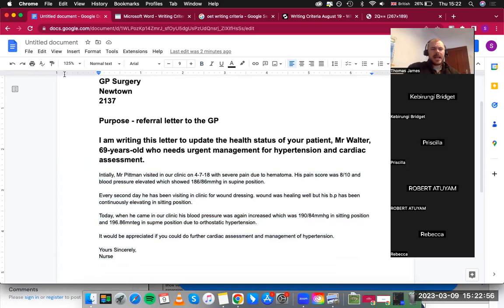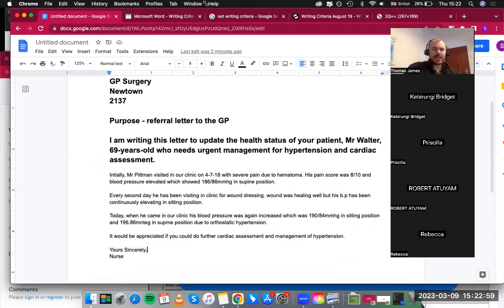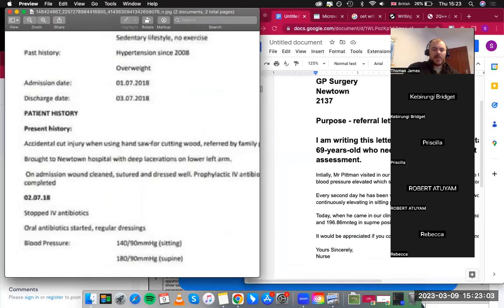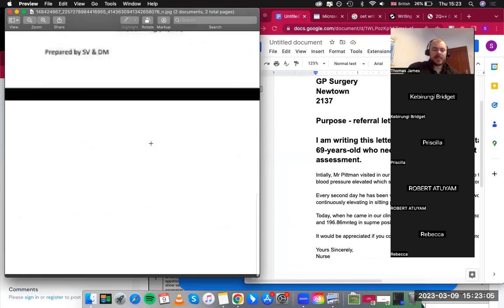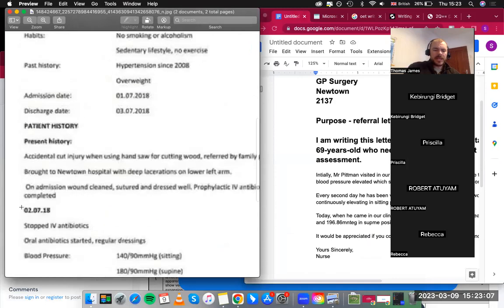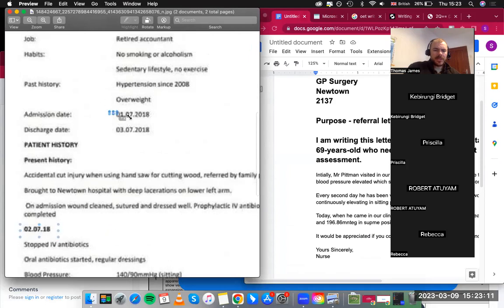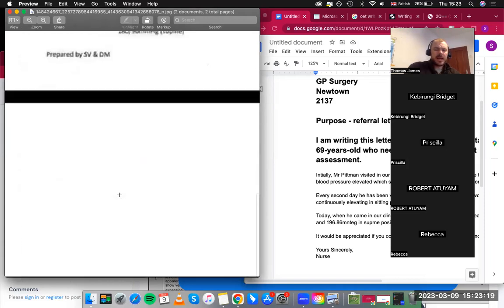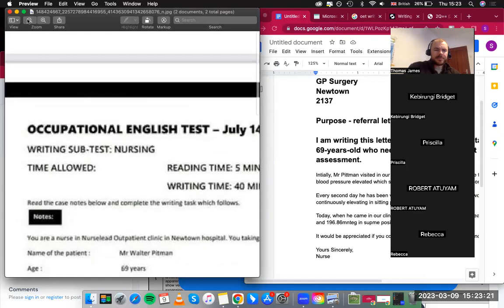And if we have a look at our case notes, that will also help us to understand whether it's date-based. So what have we got? Yeah, we've got a date here. For example, we've got an admission date and a discharge date. So pretty much all of this has happened in 2 days, as we can see.